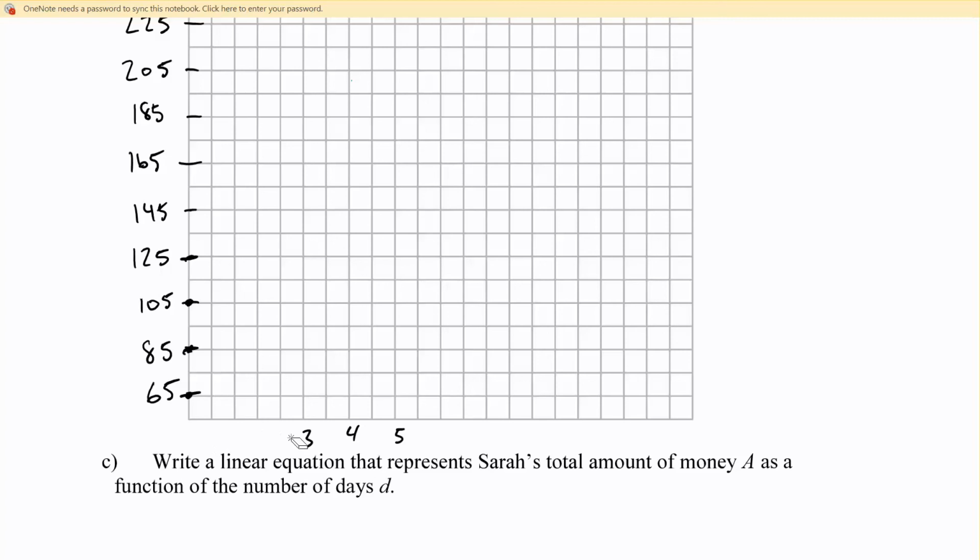Actually, if I'm going to go out to each one, I need to start 1 here. 1, 2, 3, 4, 5, 6, and 7. So right off the bat, we're starting our y-intercept at 65, then we're going 85, 105, and we've got something that looks exactly like this.